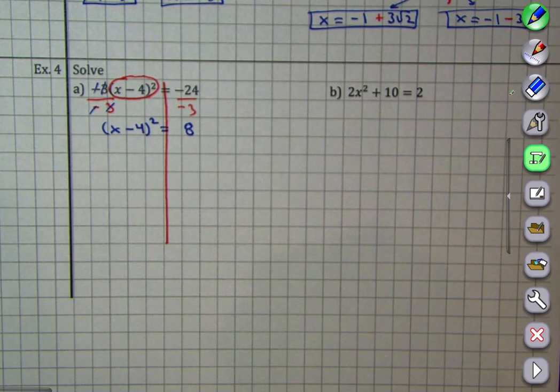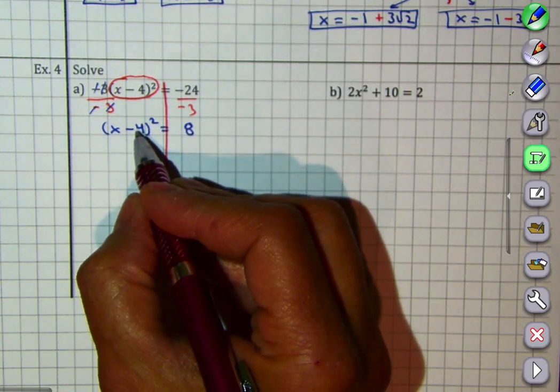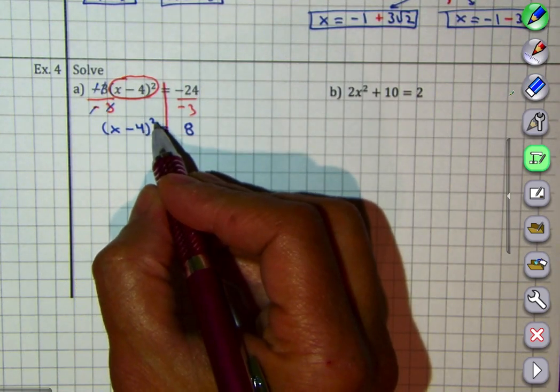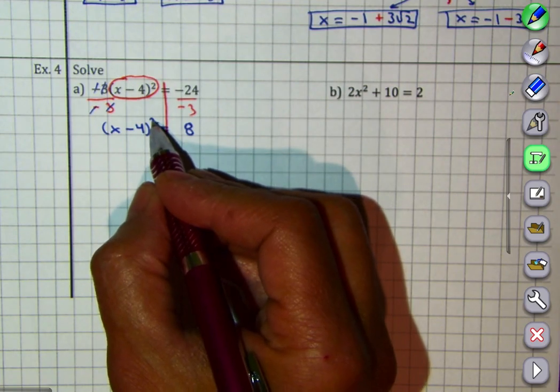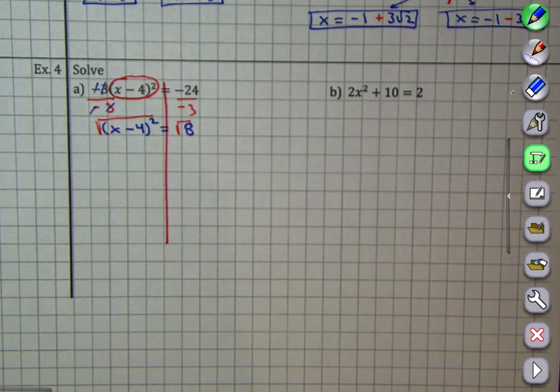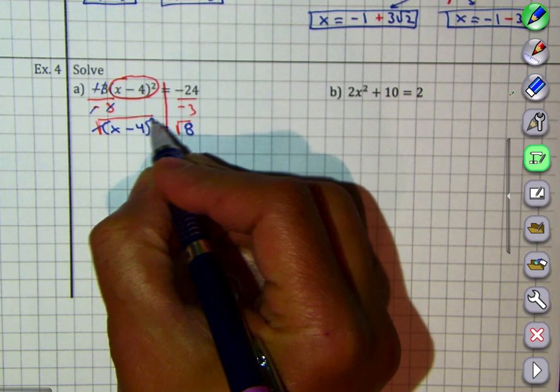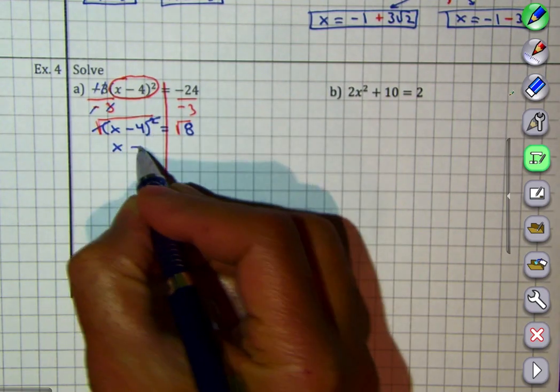And now I need to get rid of the square. Remember, you cannot get rid of your negative 4 yet because that's being held back by the square. So I need to get rid of the square by taking the square root on both sides. The square root and the square cancel, so therefore I have x minus 4 equals the square root of 8.